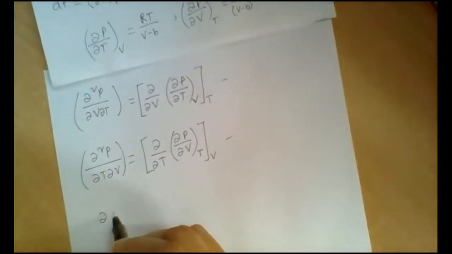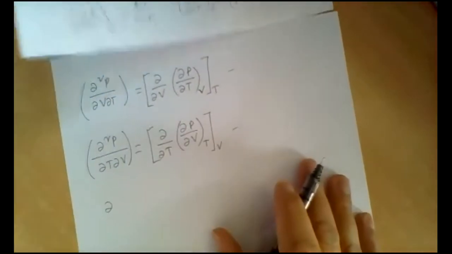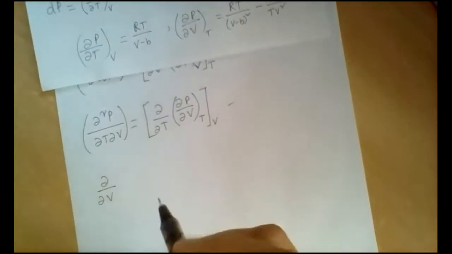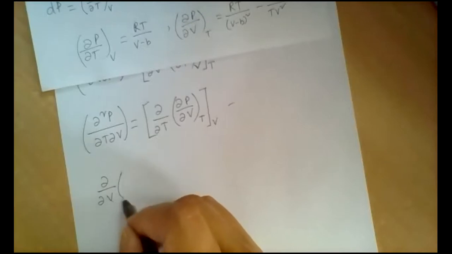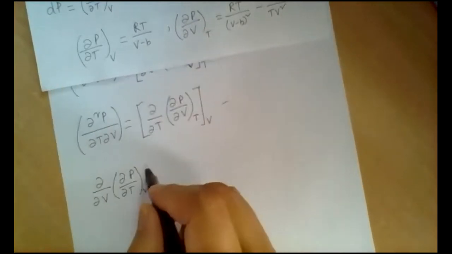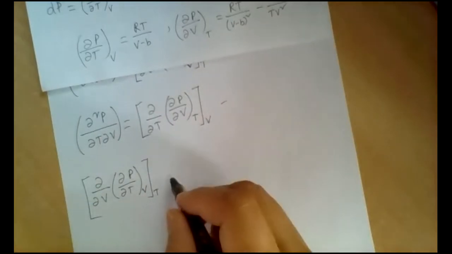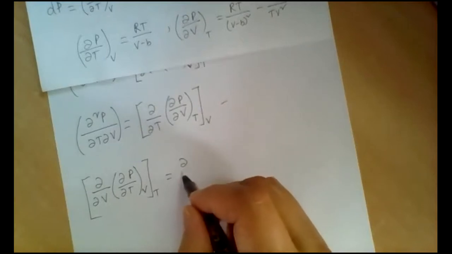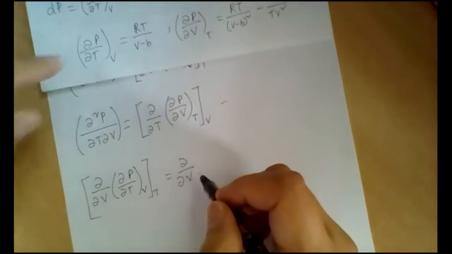So del by del V of del P by del T, at constant temperature. This is equal to del by del V of, what is del P by del T?